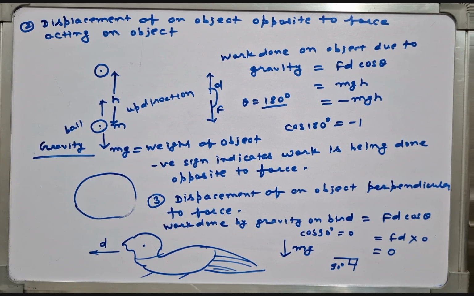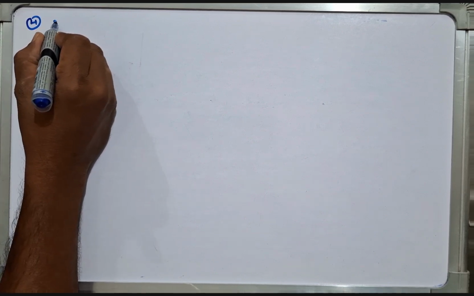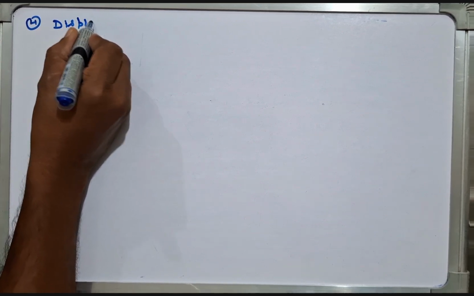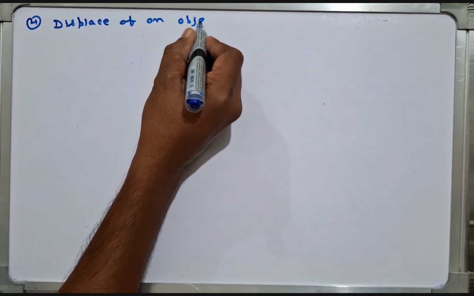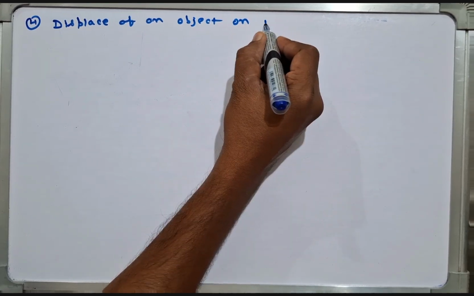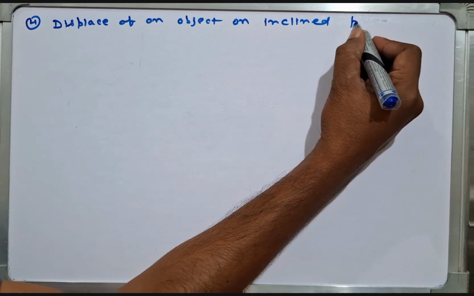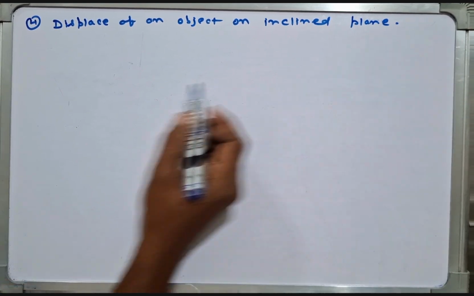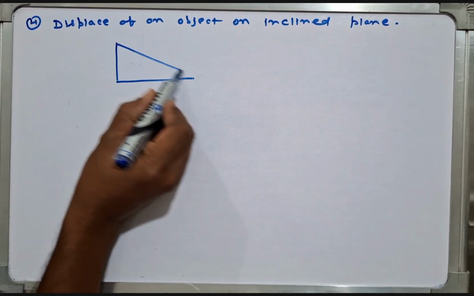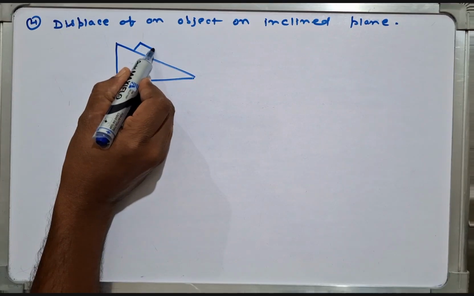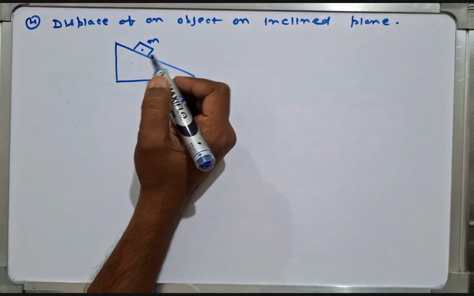Now see the fourth case, displacement of an object on an inclined plane. Okay, so guys, suppose this one is an inclined plane, and here one block whose mass m is resting.